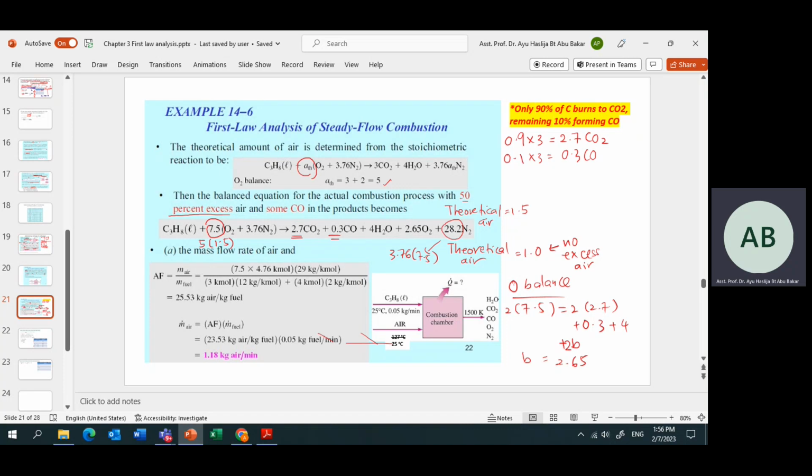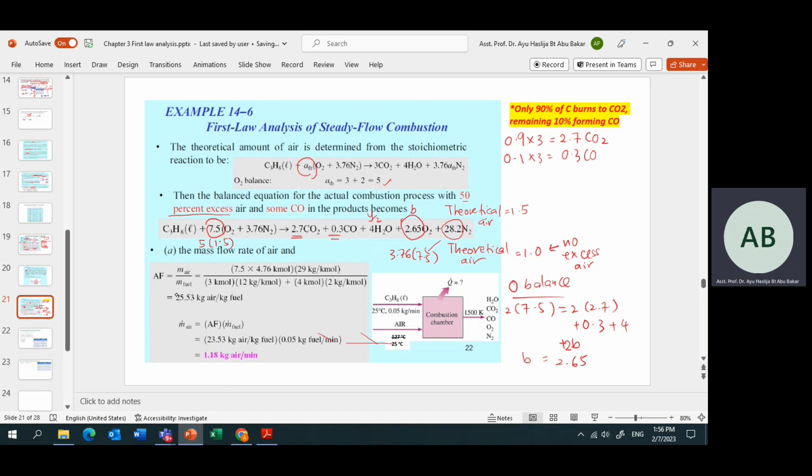You must do the O balance in order to get the unknown. Initially, this is unknown. 2.7 and 0.3 we can get from this statement. Nitrogen is 3.76 multiplied by the A. Water, this one we can get from the Y over 2.